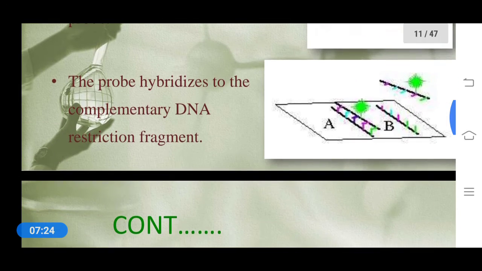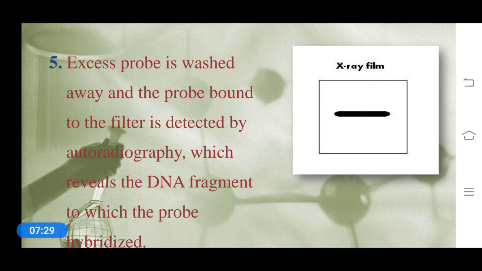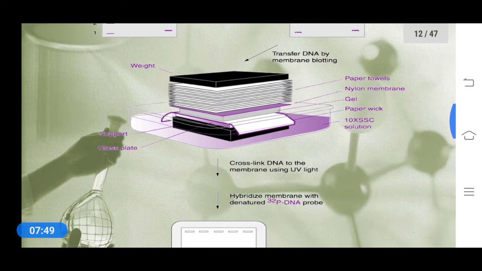Later, excess probe is washed away using a washing buffer. The probe bound to the filter is detected by autoradiography. Finally, by using autoradiography we can find the probe attached DNA fragments. So this is the mechanism.